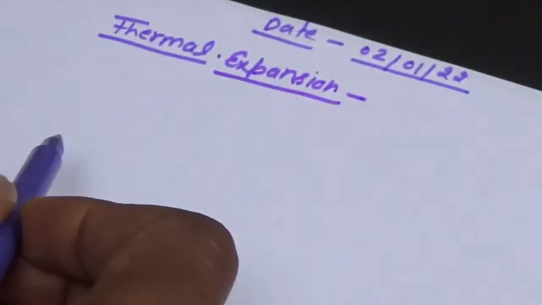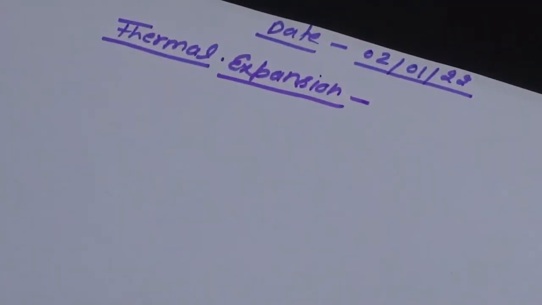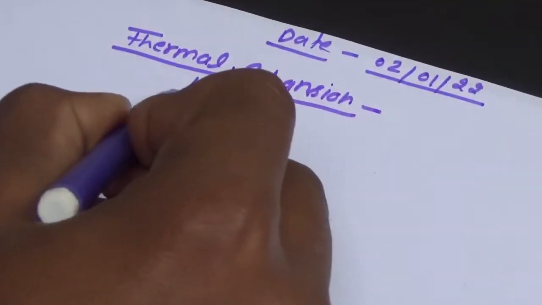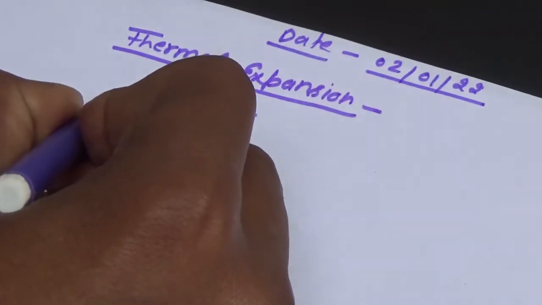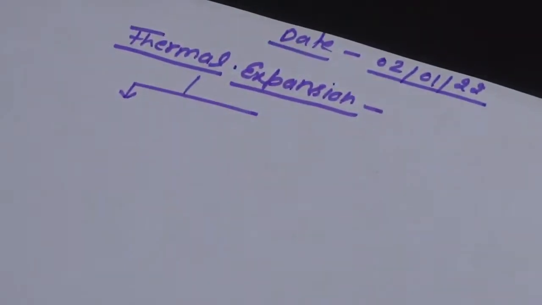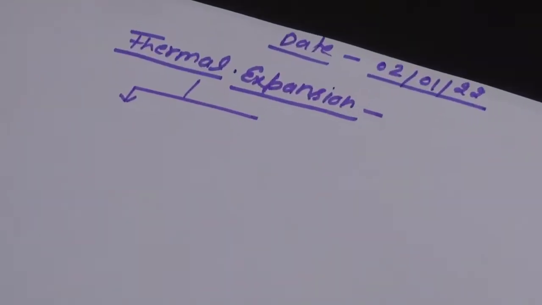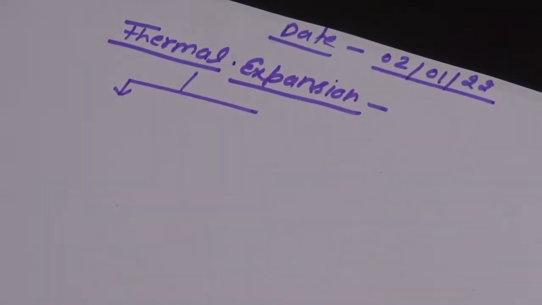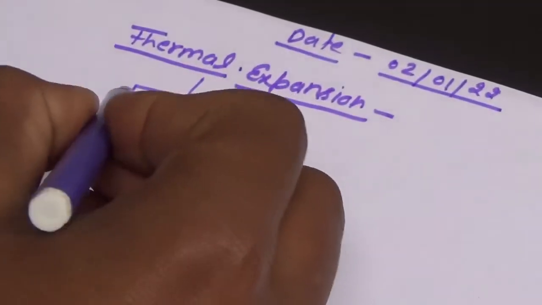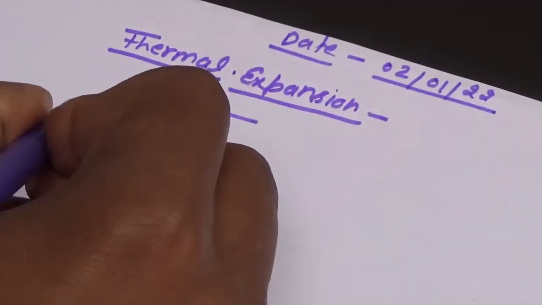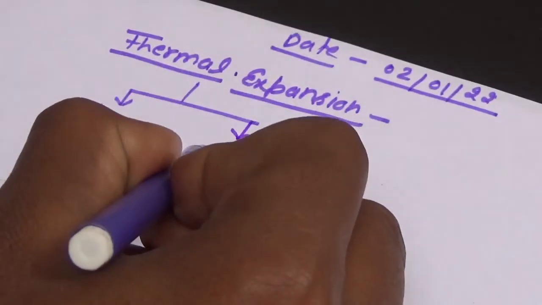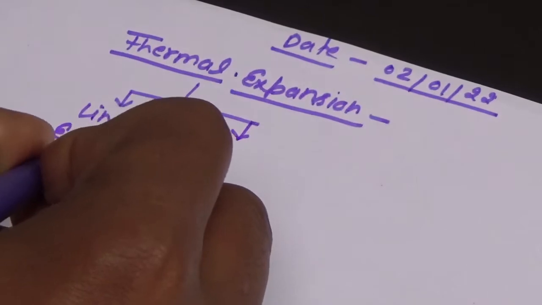Students, we have discussed this topic, and we have also discussed that thermal expansion has been divided into three parts. First is linear expansion.